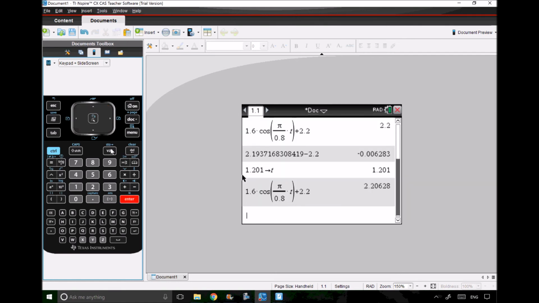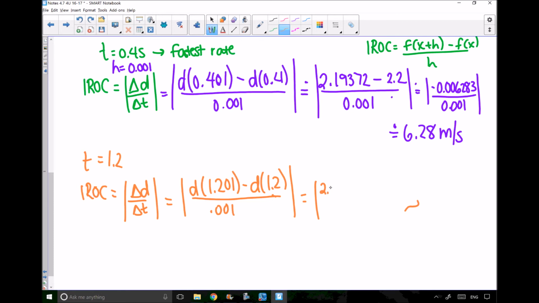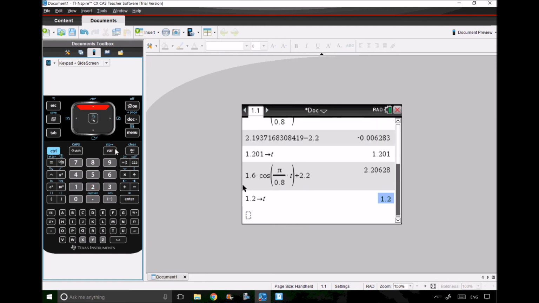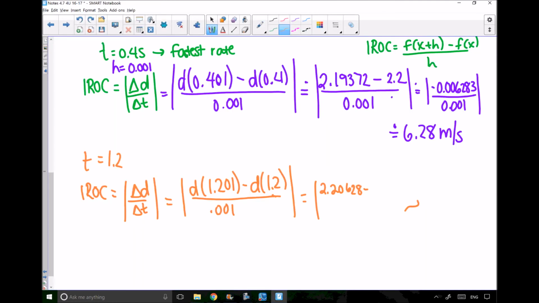So we get 2.20628 minus, and then when I do 1.2 and I store that in as t, copy and paste it, I get 2.2 again all over 0.001. So here I get positive 0.006283 when I subtract it over 0.001, and then when I do my division I get about 6.28 meters per second. So that's going to be my fastest rate that I have here.